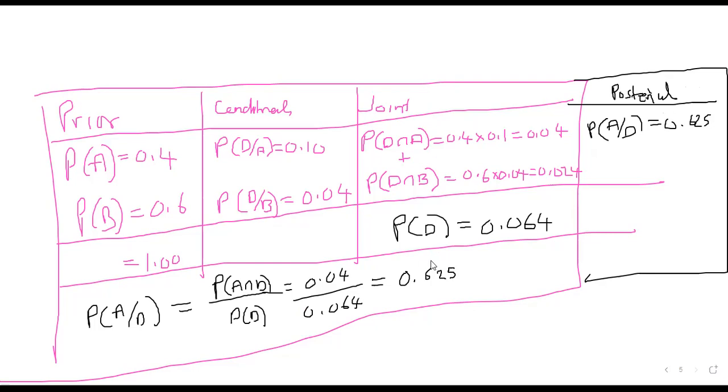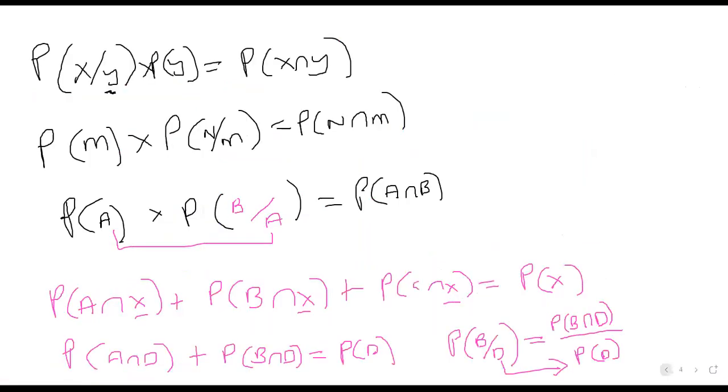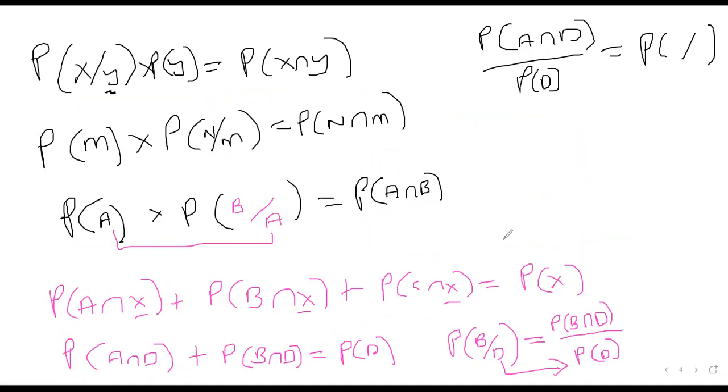I repeat, if I divide A intersection D over D, it's just a conditional probability. I know students don't want to think too much. Let's maintain this D down. It will be what? The D will just come down there.